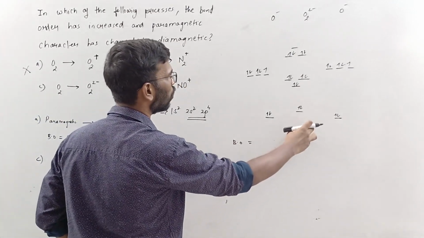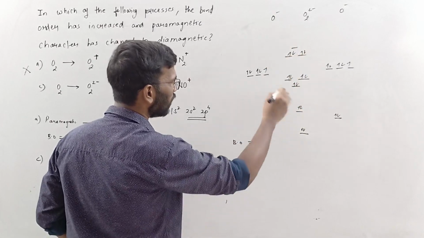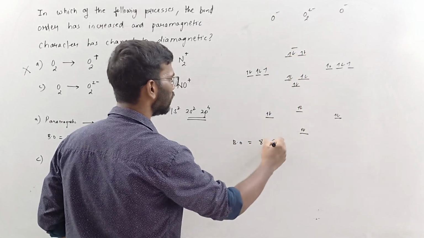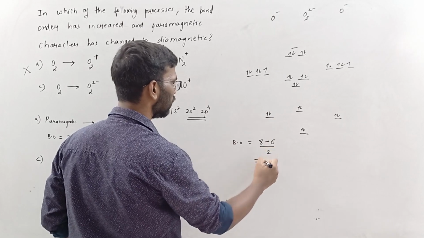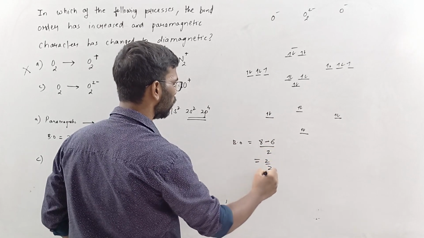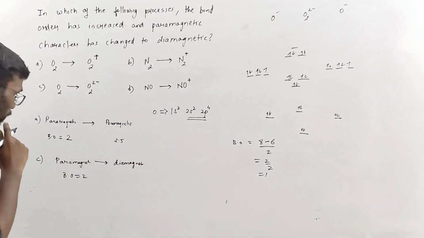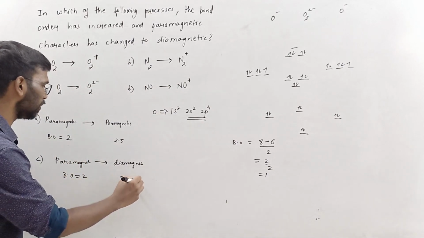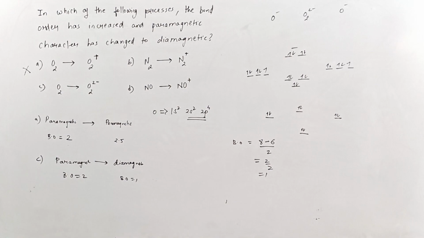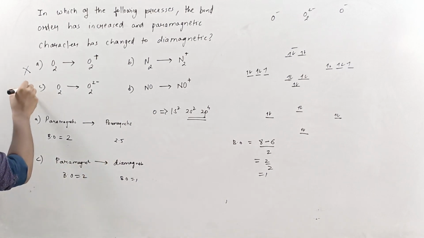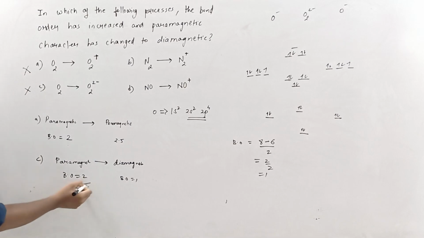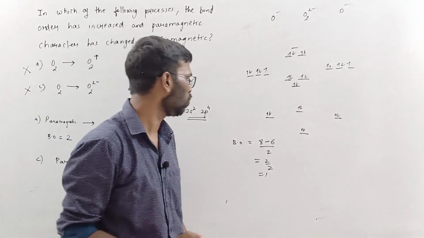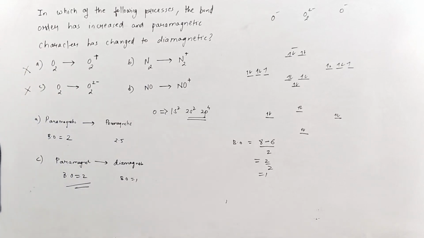Electrons in bonding is 2 and 6, that is 8, minus 6 by 2, which is equal to 1. So bond order is 1. Here paramagnetic to diamagnetic has happened, but bond order has decreased from 2 to 1. Yes, no? So have a look.